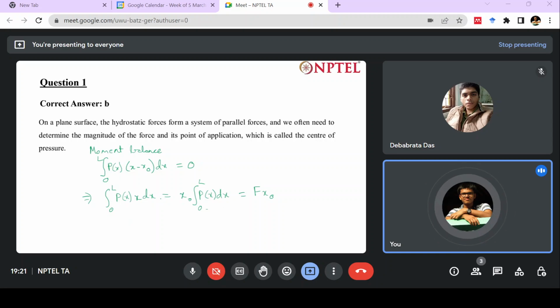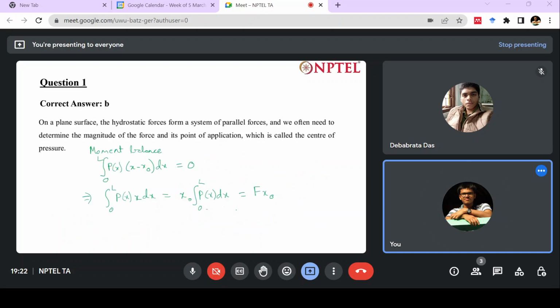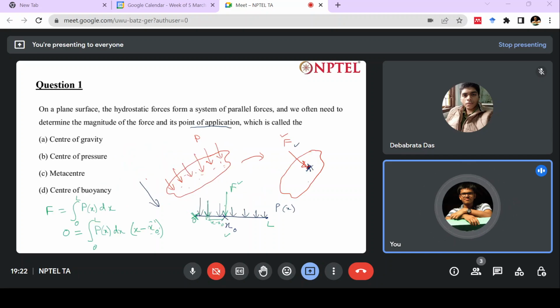You can also try to understand it this way. From the point zero, you are trying to calculate the moment on this particular plate. Since the resultant force is F and the resultant point of application is x0, the moment will be F into x0, right? And you can also calculate the moment using integration.